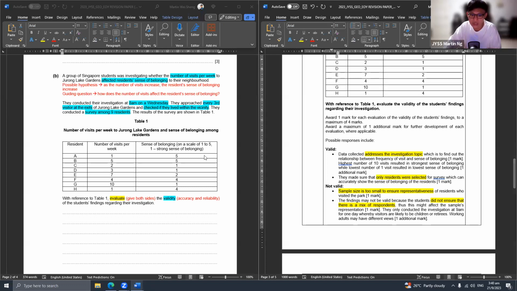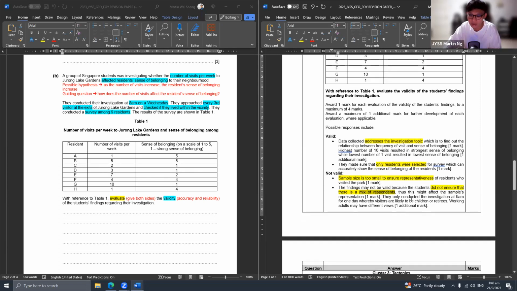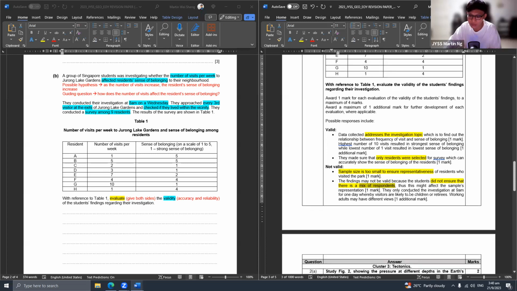So in that case, when I ask if the sense of belonging is being affected by number of visits, I'm only getting the views from the retirees, only people who are not working. So I do not have a mix of respondents from different age groups, and therefore my data collected may not be representative of all the residents in the neighborhood.